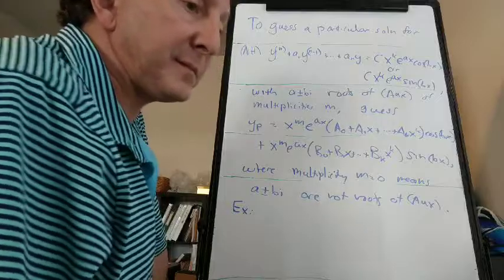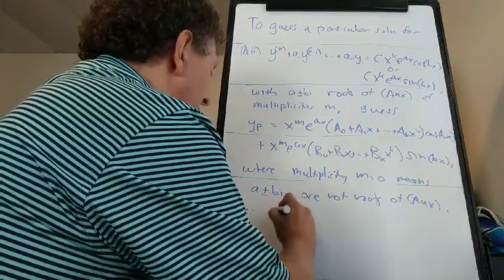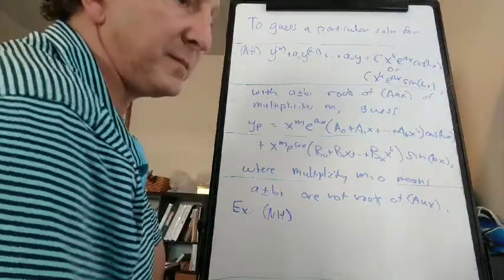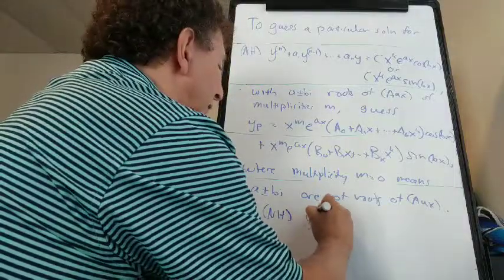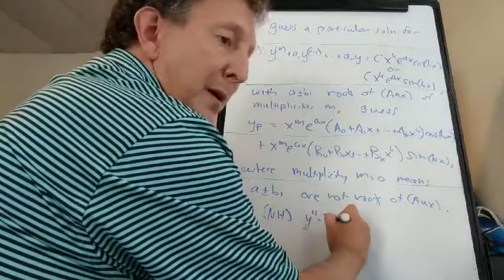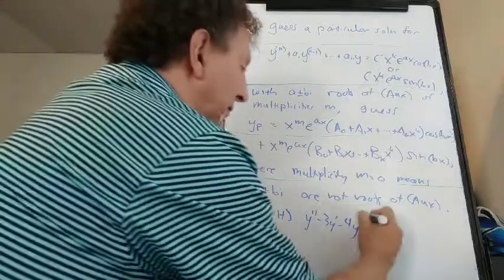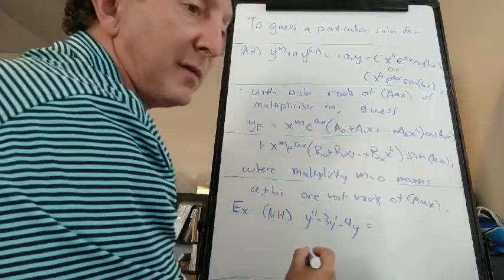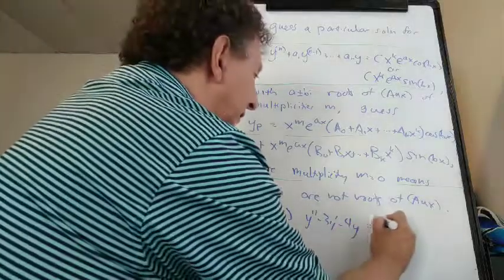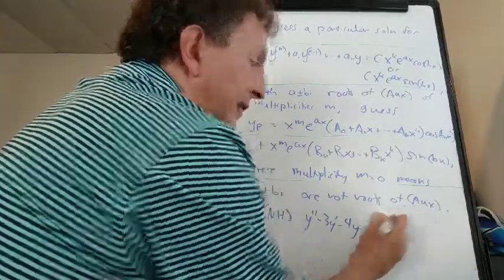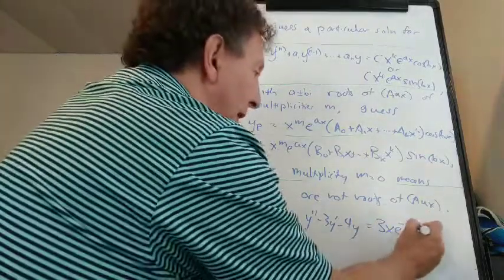So for example, let's look at the non-homogeneous equation y double prime minus 3y prime minus 4y. So the same left-hand side that we've done in a couple examples. But on the right-hand side, let's have 3x e to the negative x sine of 2x.